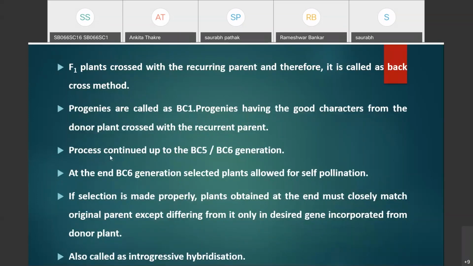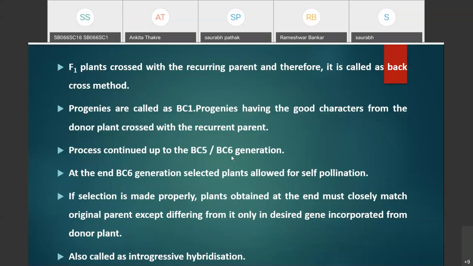That process is continued up to the backcross generation 5 or the sixth generation.